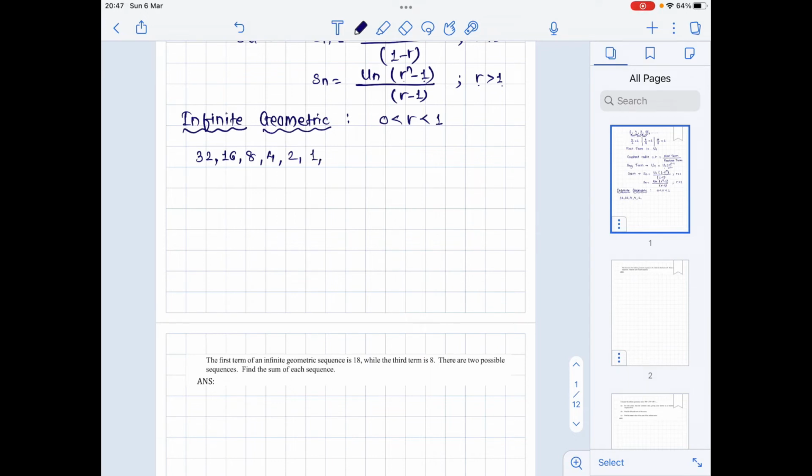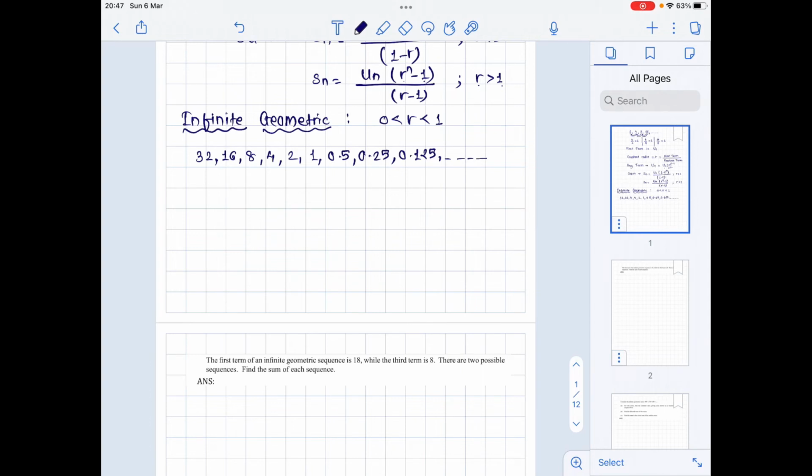Then the next term becomes 1, then 0.5, then 0.25, then 0.125. If you see the trend, you can go infinitely, but you will never reach 0. Yes, obviously the calculator has some restriction, so after some terms it will show 0, but 0 is not a finite number.